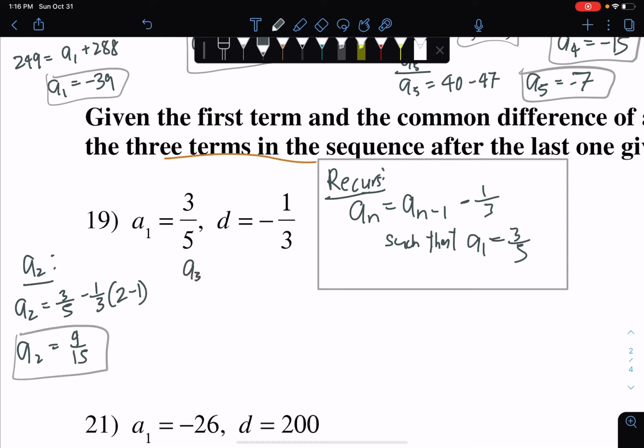Okay, so for a sub 3 is the same formula, 3 over 5 minus 1 over 3 times, this time, 3 minus 1. Our answer for a sub 3 is negative 1 over 15.